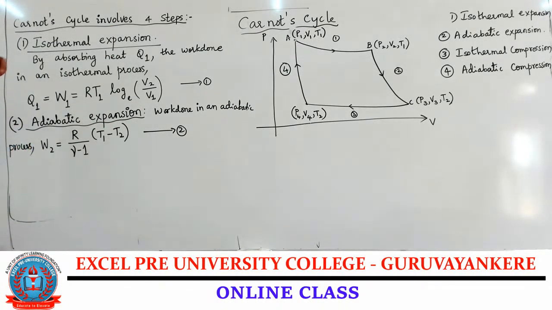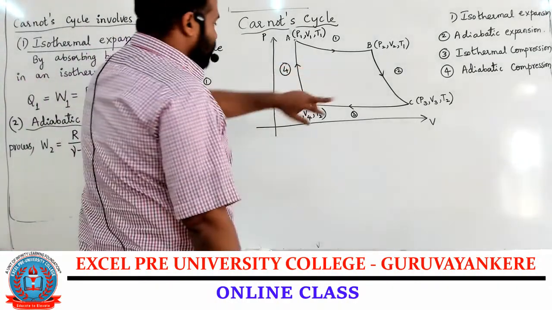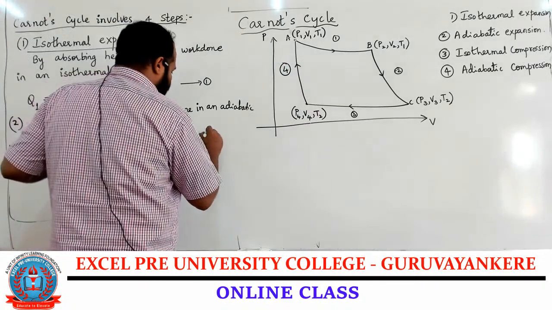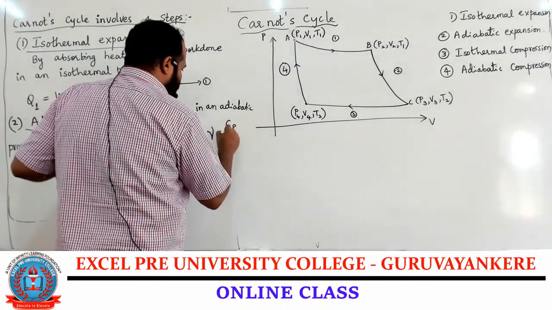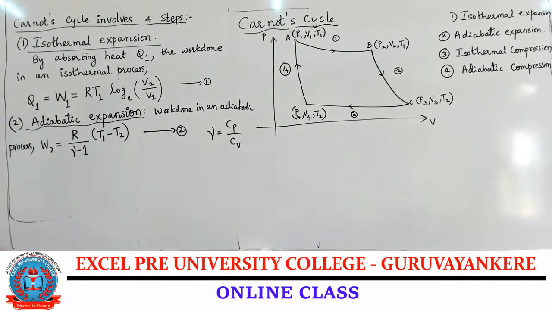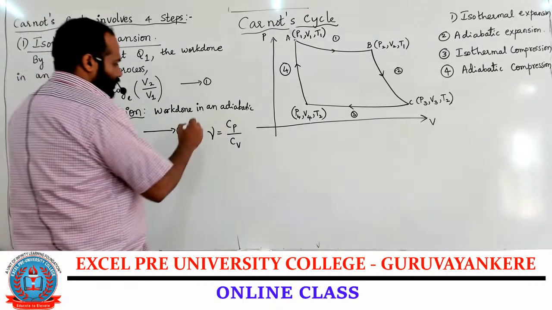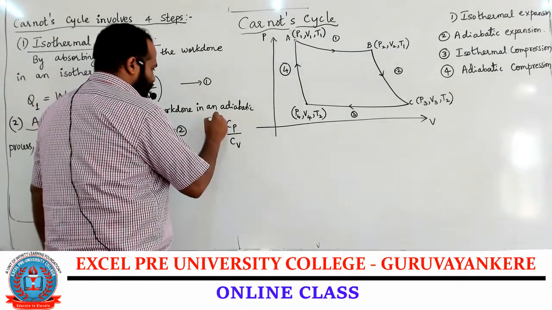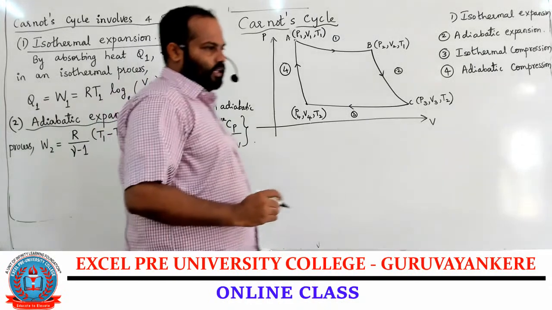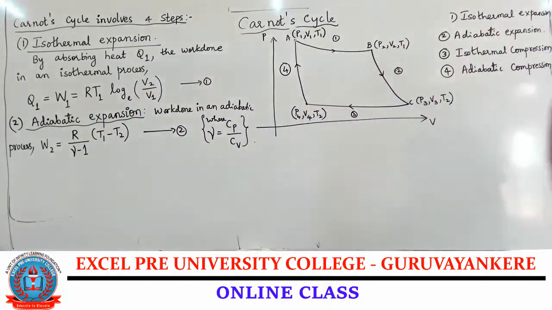So the temperature changes from T1 to T2, where gamma, as you all know, is the ratio of molar specific heat at constant pressure to molar specific heat at constant volume, where gamma is Cp by Cv.